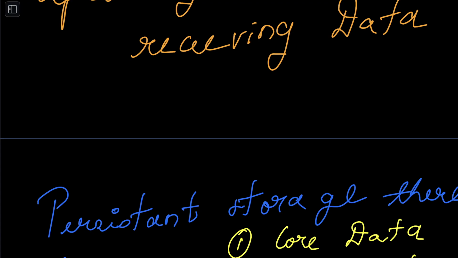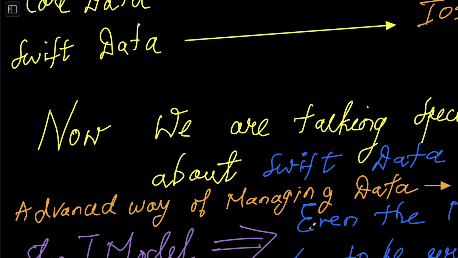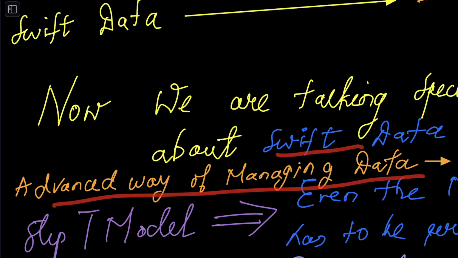Hence we are using Swift Data, right? The other one is Core Data as well. This is the legacy tool. We'll be saving both in parallel, and what is the difference between them? That is not a concern. Now we are talking specifically about Swift Data. So Swift Data is basically an advanced way of managing data.